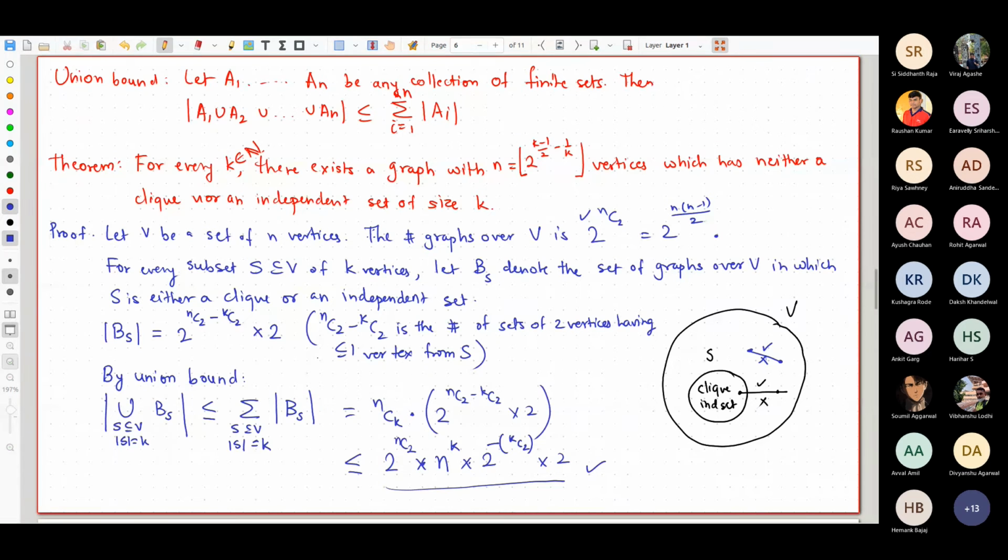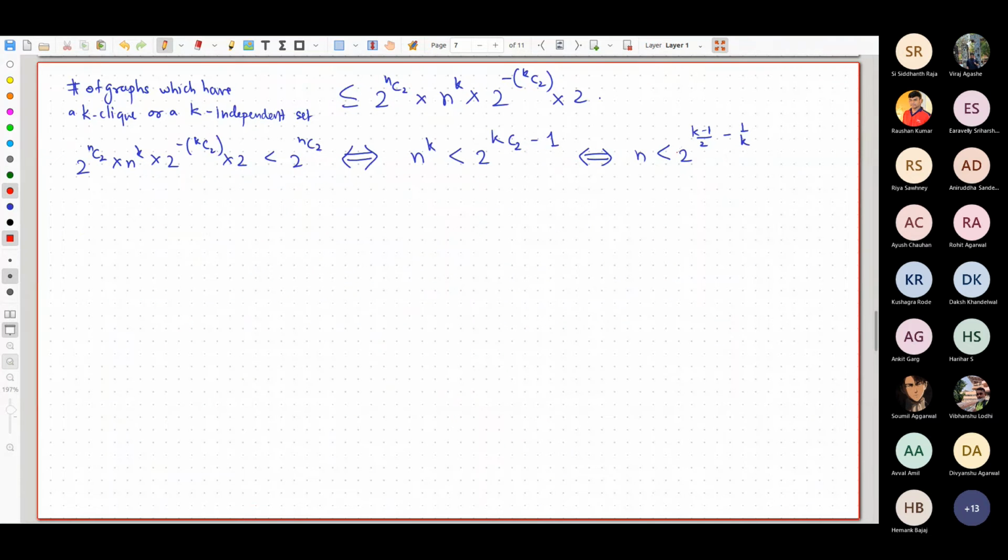Right? Instead of making it equal, let me just say n less than so many vertices. There exists a graph with, okay, let me state it this way, n equal to this minus 1, let's say, so that this n is strictly less than what we want it to be less than. So this is given to us. The way we should really write it is: this is given to us, therefore this holds and therefore this holds.